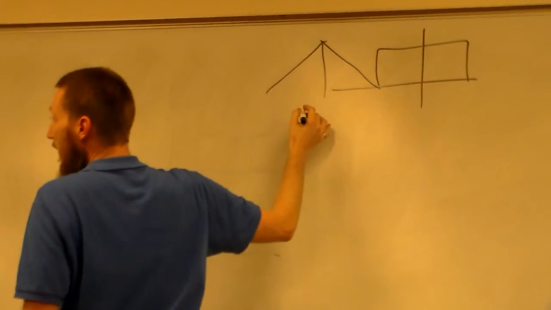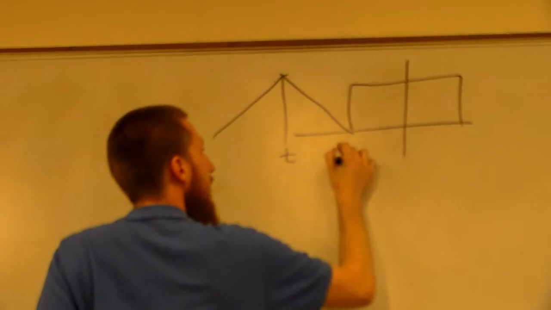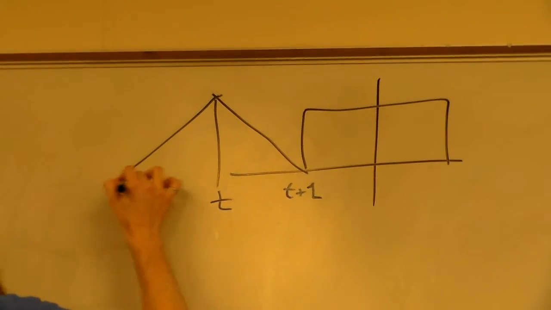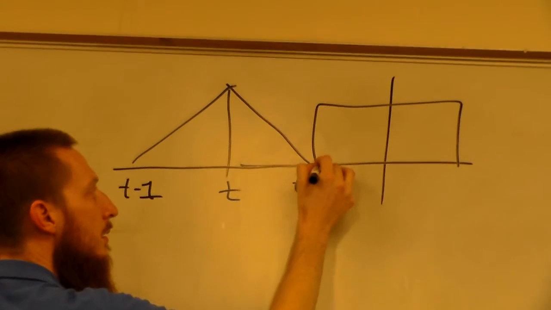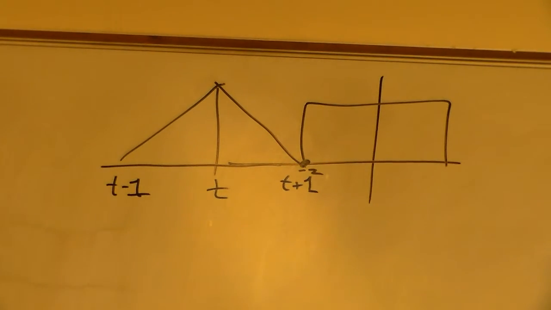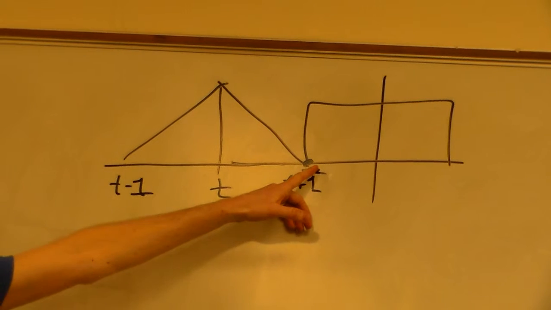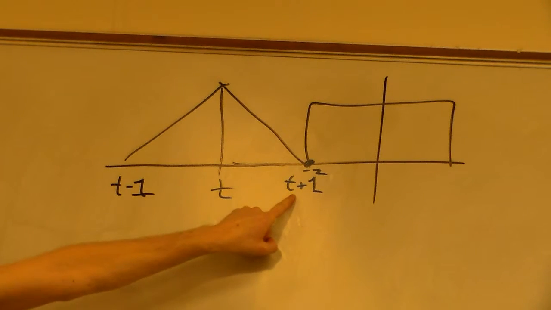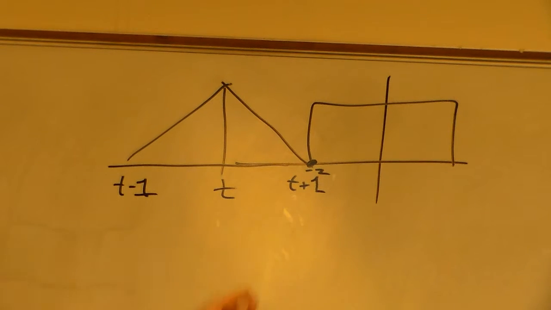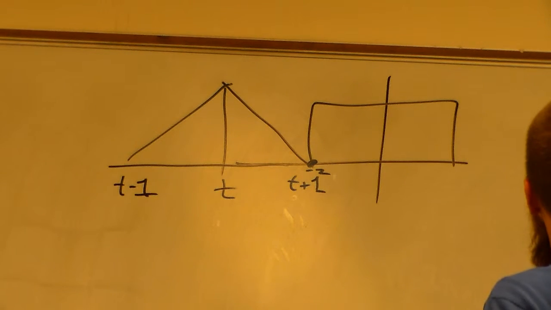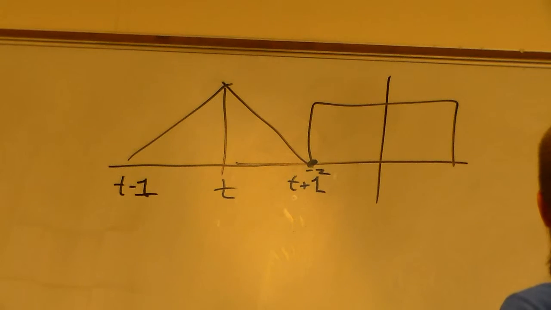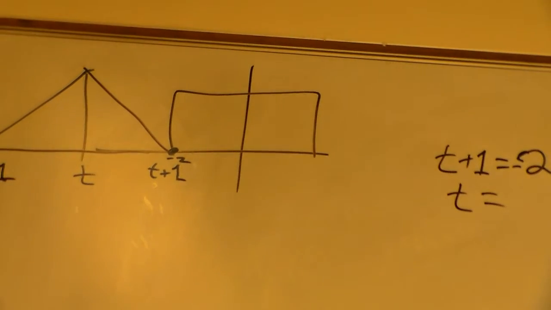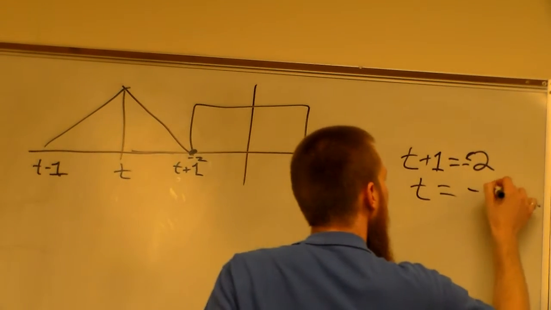And I totally messed up on scale on here. T plus 1, t minus 1, and this is minus 2. So if this point is minus 2, that's where they start to touch. That's actually t plus 1, right? So t plus 1 is equal to minus 2. Therefore, t is equal to minus 3.